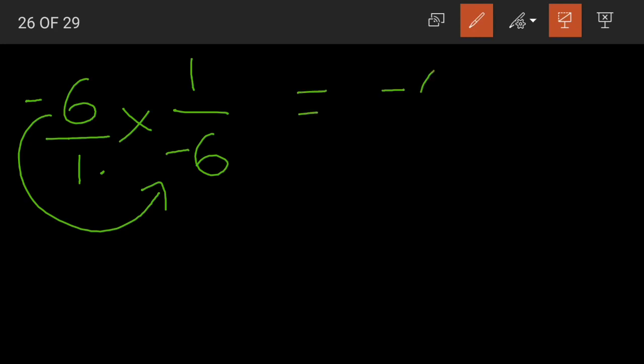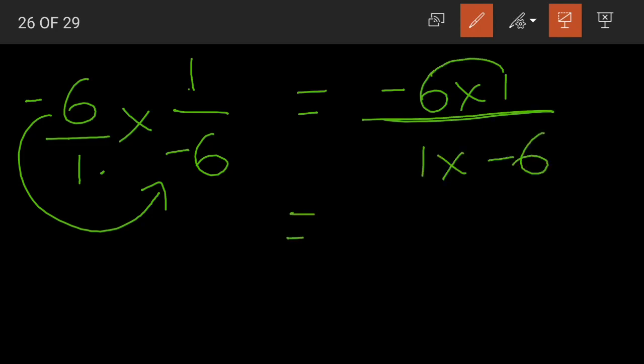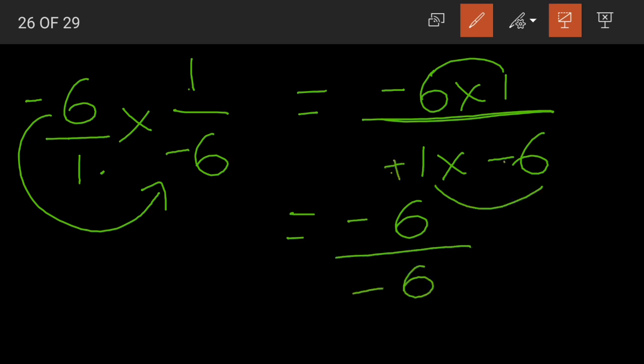How do we solve this? We will multiply the numerators first. Minus 6 into 1, divided by, we will multiply the denominators, 1 into minus 6. 6 1s are 6. Coming to the signs, both the signs are different, so the answer will be negative. Here, we know that 6 1s are 6.